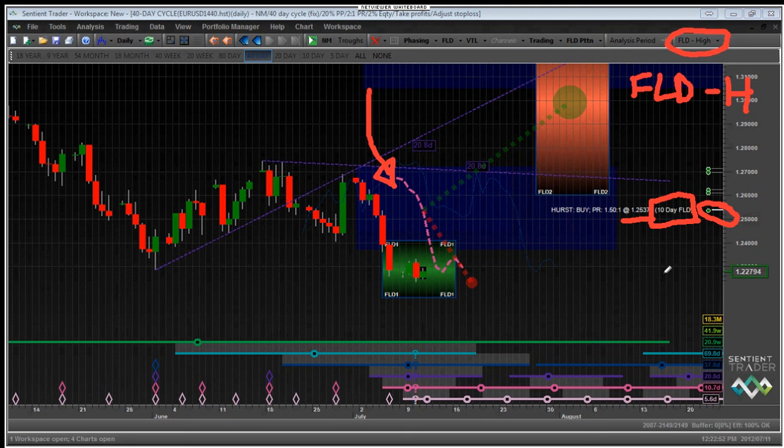I can look at this chart and I can see I have a trading opportunity. It's a green colored dot, which tells me that's a buying opportunity. I don't even need to read the text. I know that a green dot is a buying opportunity. I can look at the dumbbells and I can see the highlighted FLD and I can say, oh, okay, so what this trading opportunity is, if price crosses above that FLD, which is over there, for the current bar, in other words, today, if price crosses above that FLD, then we'd be entered into a trade based on the 40-day cycle, which we would expect to head towards this target.